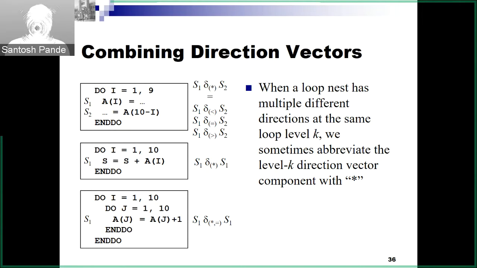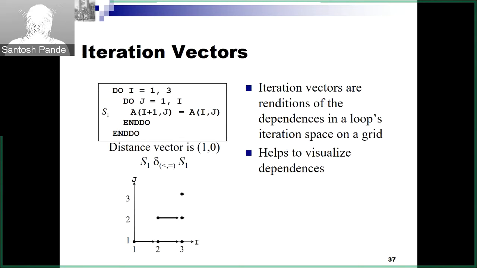So in similar ways, you can think of the other examples here. And then in such cases, we need to worry about these dependencies playing out as a direction vector or a distance vector across dimensions.